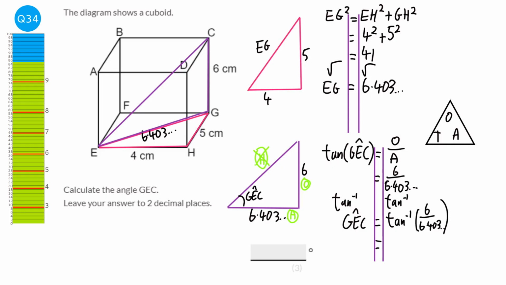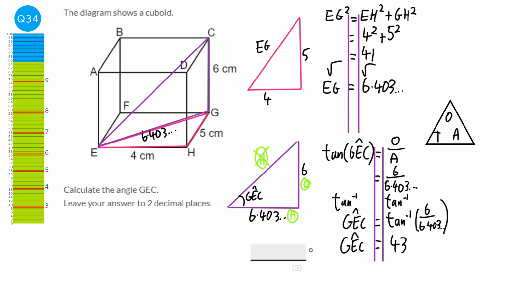Now in the calculator, what I'm going to do is type in second function tan to get the inverse tan, and then in the bracket do a fraction button, then 6 over, and then I type in answer because that was my last answer. It just keeps the accuracy up. It's absolutely fine. You get full marks if you write inverse tan of 6 over 6.403 and just leave it at that. That's fine.